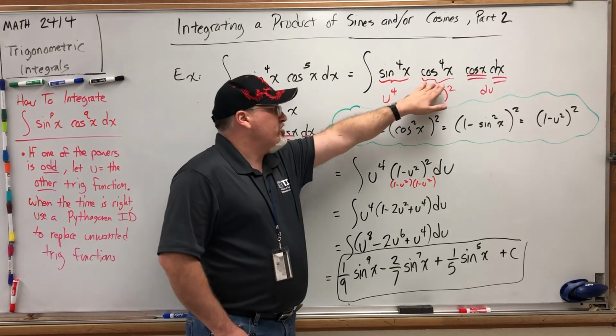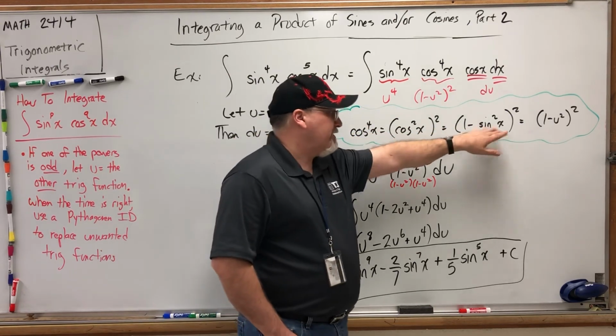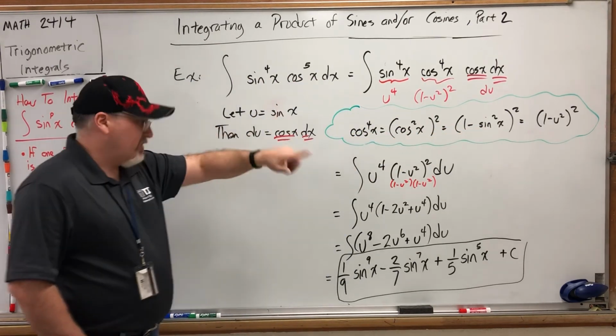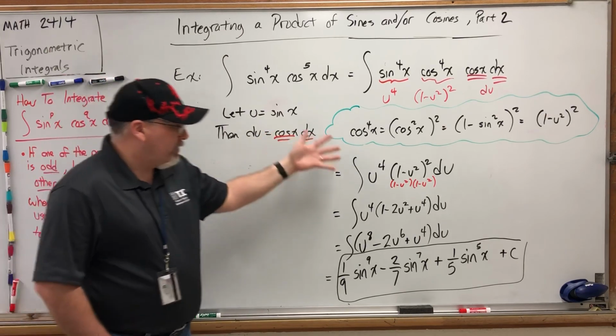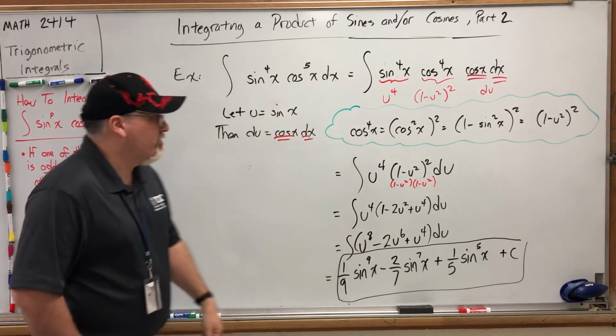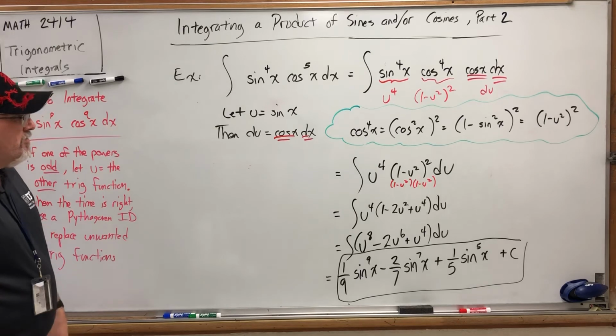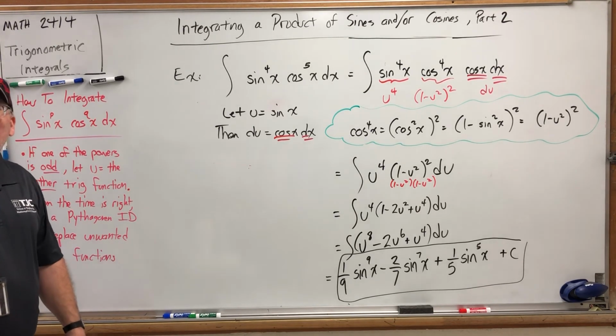In this case, changing these 4 cosines into some sines. And then you can finish the substitution, and then you may have to do a little bit more algebra before you do the integration. In fact, the biggest problem here is not the calculus. It's the algebra and the trigonometry.